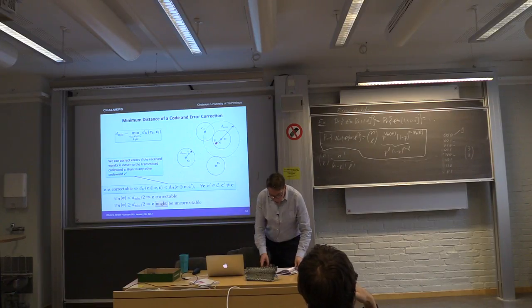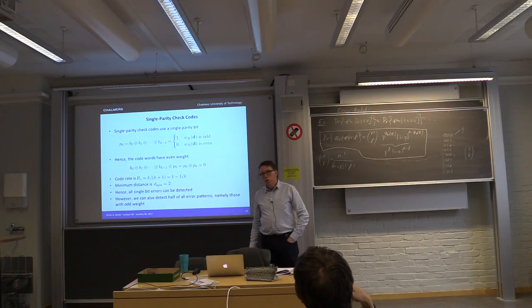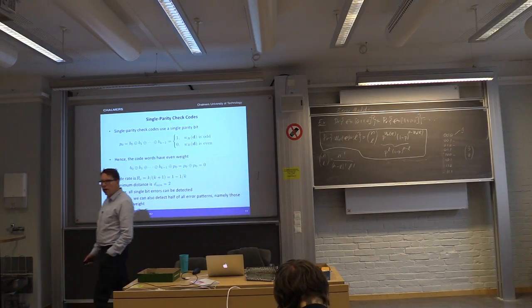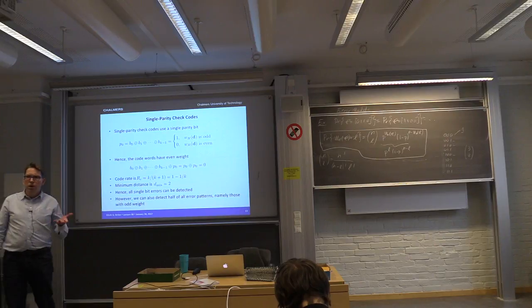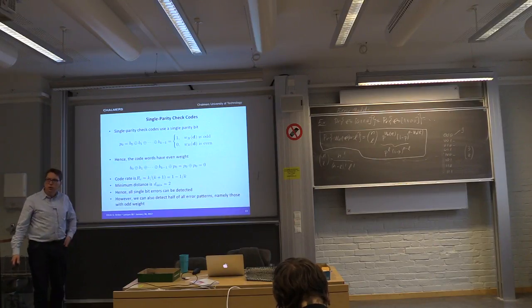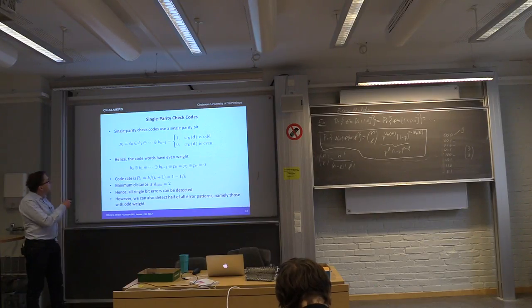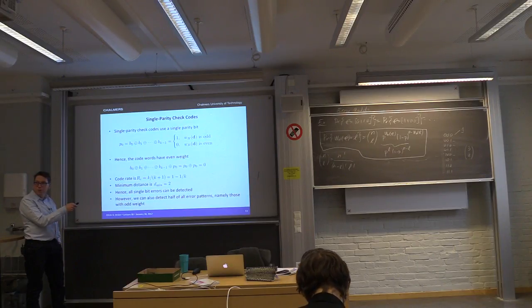Okay, so now let's talk a little bit about practical codes, and we will talk about 3 types of codes here today. And the simplest one, but also actually quite used in practice, is something called single parity check codes. Okay, and single parity check codes use a single parity bit. Sounds reasonable, right? And how do we do that?